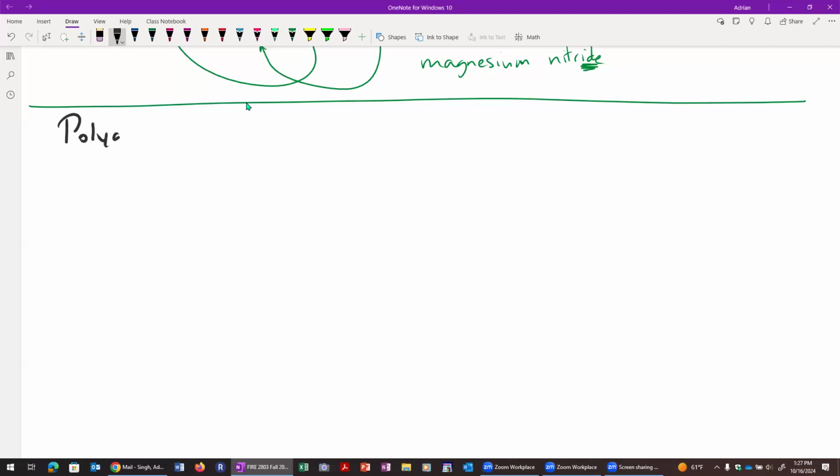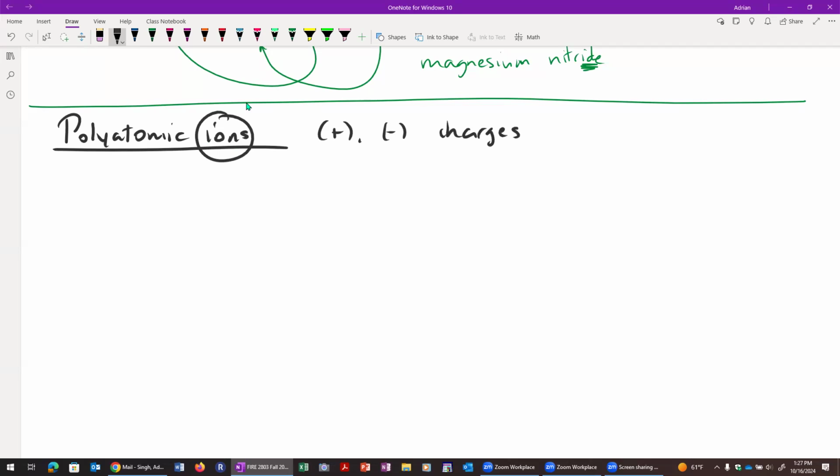called polyatomic ions. And these polyatomic ions, as the name maybe suggests to you, are ions, so they're going to have positive or negative charges, just like every ion will. Okay, but these are different than monoatomic, which we've looked at before.